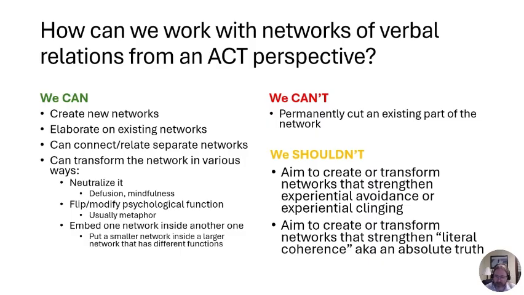And another key transformation that we want to be alive to is that we can embed one network inside the other one. So we can put smaller networks inside larger networks and focus on trying to transform or have useful functions of that larger network. So that diffusion metaphor, your thoughts are just aspects of what your mind does. They're things that your mind does. Just consider them as products of your mind.